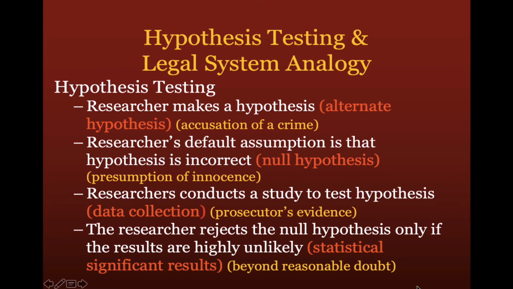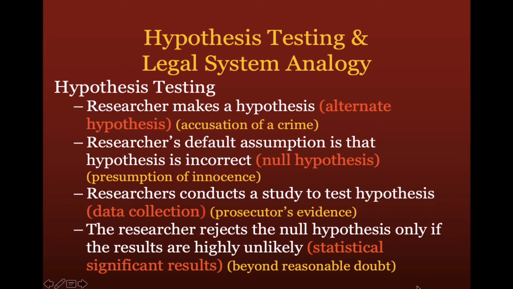The default assumption is what's called the null hypothesis. Null meaning that there's no effect. And we'll talk about that in a second. Then the researcher goes out and tries to collect data to provide evidence in support of his hypothesis. This is analogous to a prosecutor and the police trying to find evidence to show that this person is guilty.